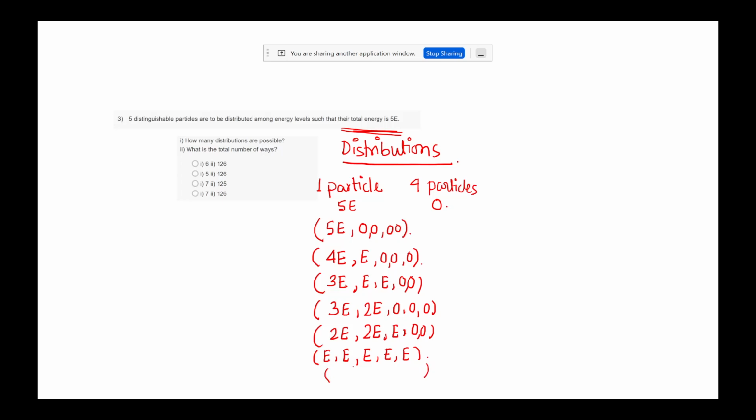One 2e and another 2e, and 3e. No, 3e means separately, e, e, e. One 2e and one is e and e. Yes.